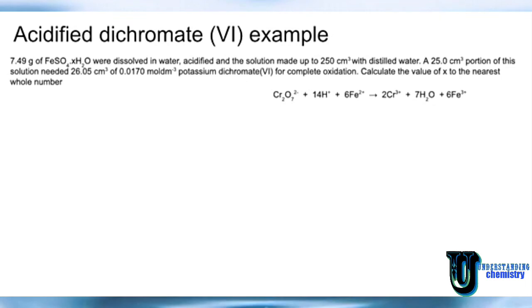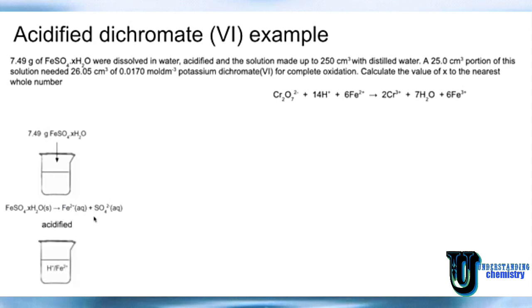So again, in terms of pictures, they've taken 7.49 grams of the hydrated FeSO4, and we don't know what the xH2O is. That's the whole point of the question. So that's dissolved into some water, and literally it's just going to dissolve, and the FeSO4 is going to turn into aqueous Fe2+ and aqueous sulfate ions, and the x water is just going to become part of the water in the whole solution.